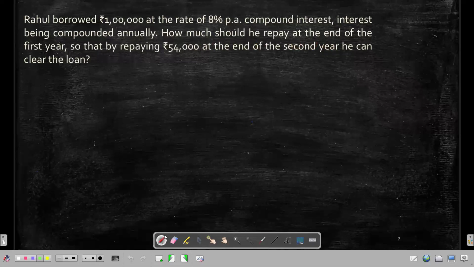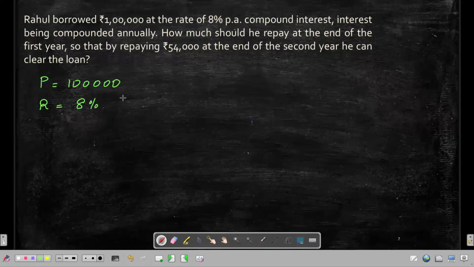Okay, so to start with, the principal amount is 1 lakh. The rate of interest is 8%.